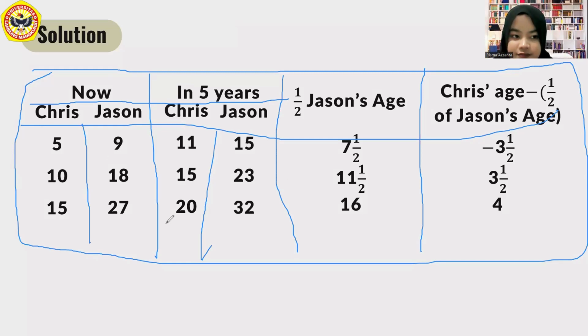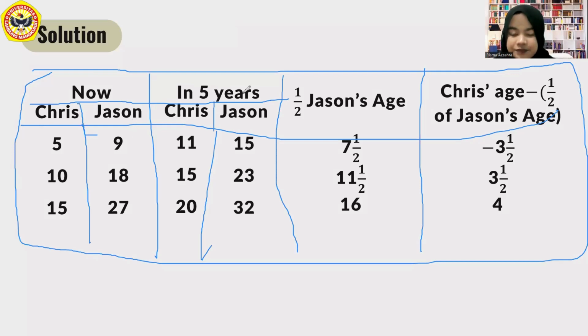First, we just suppose that Chris' age is 5 and Jason's age is 9.